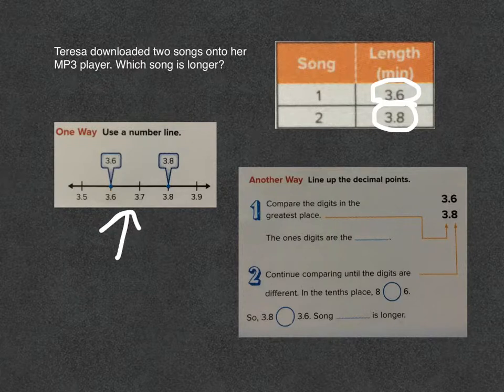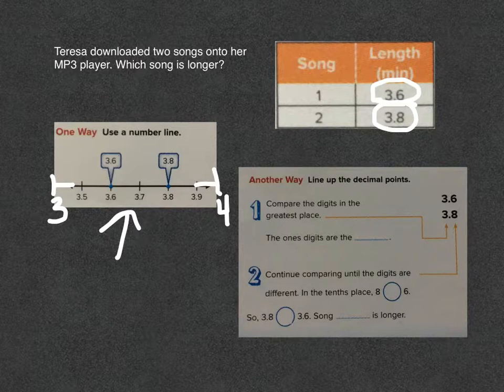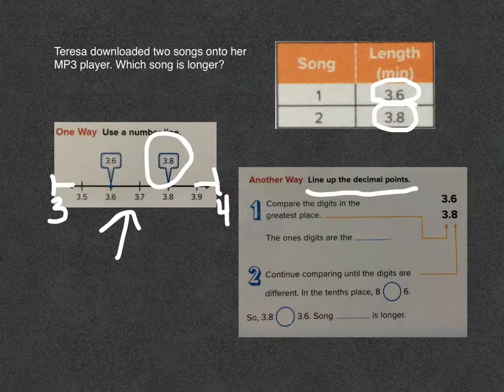If we were to put them on the number line, they would be between 3 and 4. It's not to scale, so don't look at it that way, but 3 6/10 and 3 8/10 are between the whole numbers 3 and 4. If we put them on a number line, we can see that 3 8/10 is bigger, but the way I really like it is when we line up the decimal points.